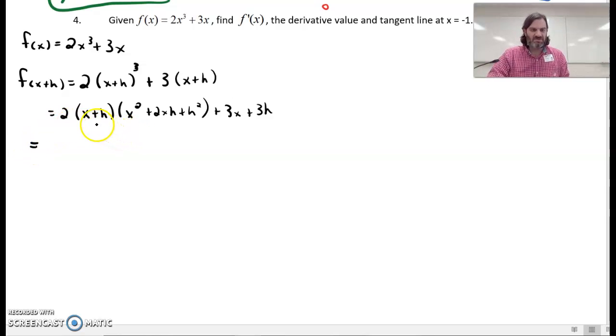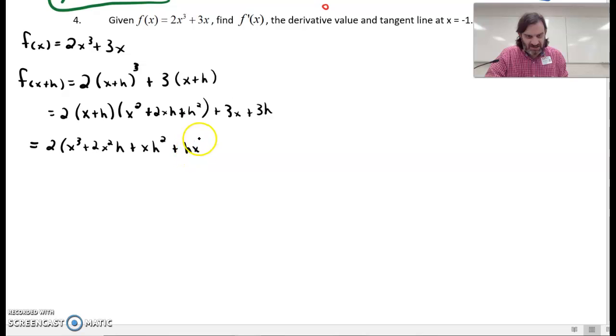Alright, now we've got to multiply the binomial and the trinomial, which is kind of aggravating, but let's do it anyway. So we're going to have 2 times x cubed plus 2x squared h plus xh squared plus hx squared plus 2xh squared.